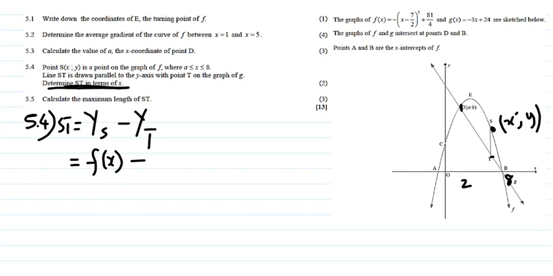Exactly, by substituting in g of x. Now, this is what is going to catch you: the brackets. Remember what I said? The brackets save lives, and they're going to save your life here. I promise you, if you don't put brackets there, you are doomed.